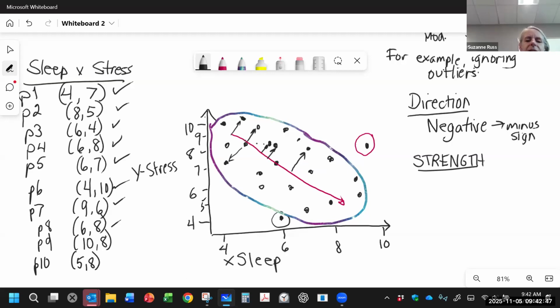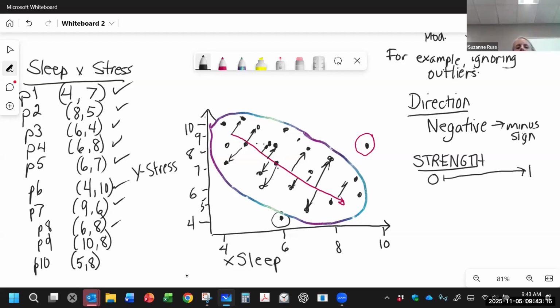How far is our data scattered around and scattered away from our line of best fit? And we assess it on a scale from 0 to 1. And if those numbers bug you when you're working with them, just multiply them times 100 and start with 0 to 100. That's easier to think of.